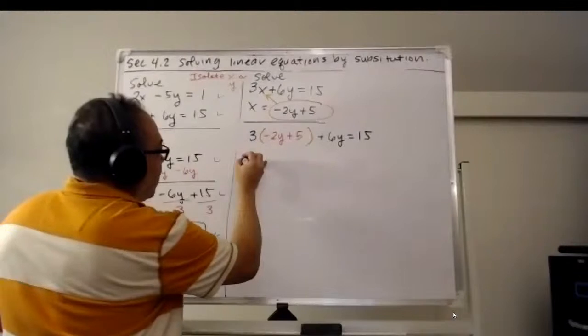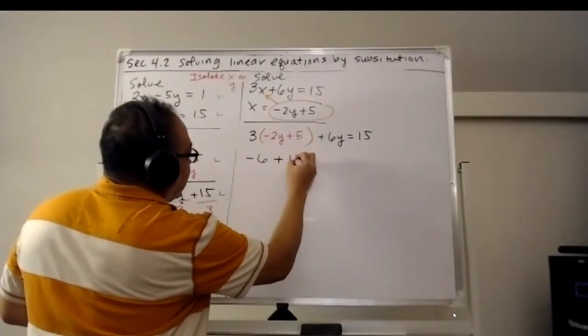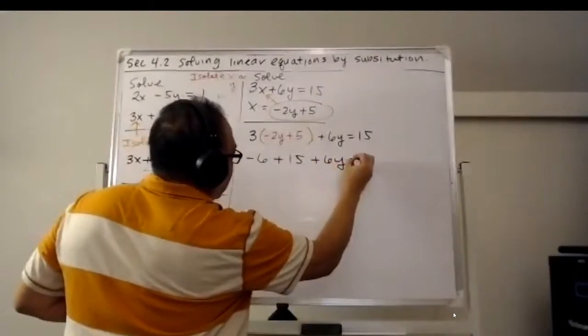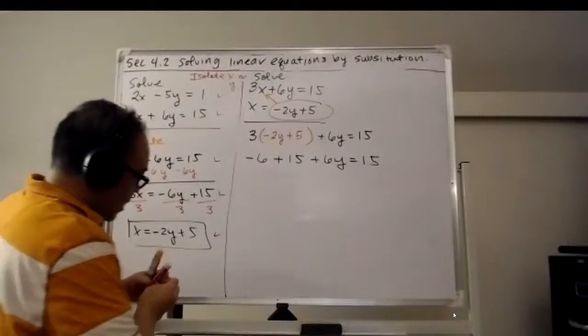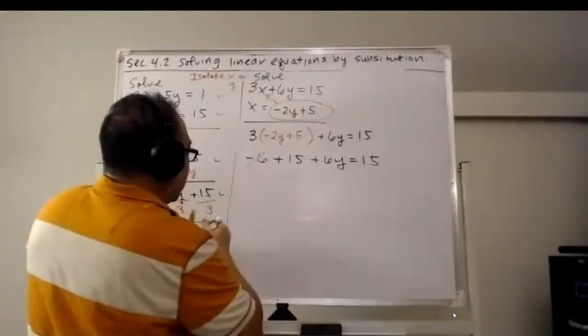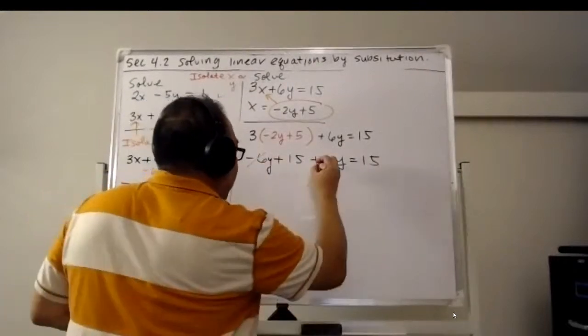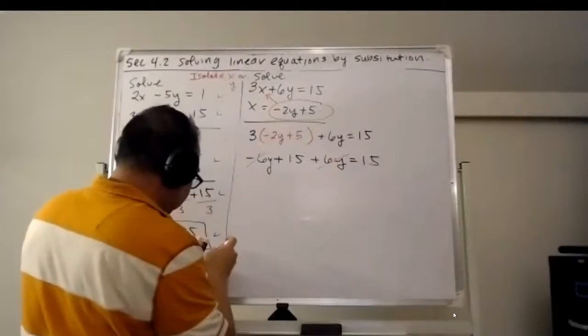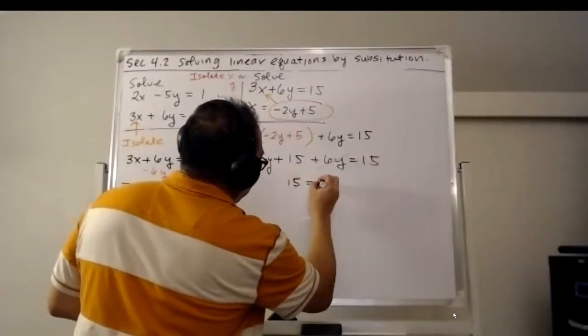So now we get -6 plus 15 plus 6y is equal to 15. And then these two will cancel. Oh, I'm sorry. Yeah, I need a y there. These will cancel, and I'll get 15 is equal to 15. Now let me let people copy, and then we'll talk about what that means.